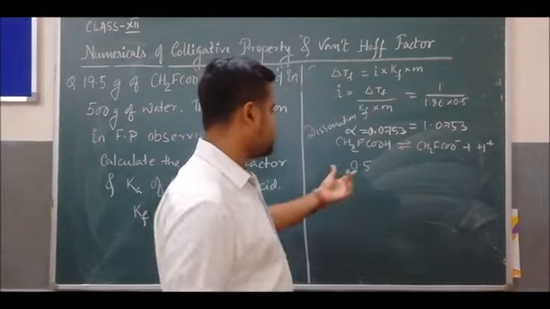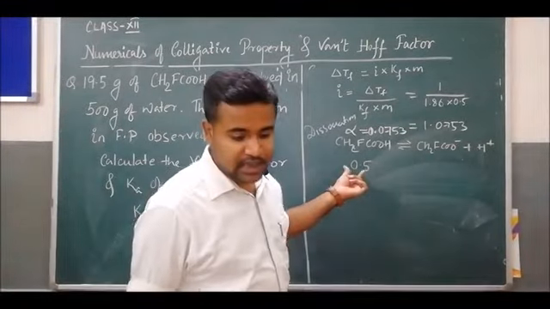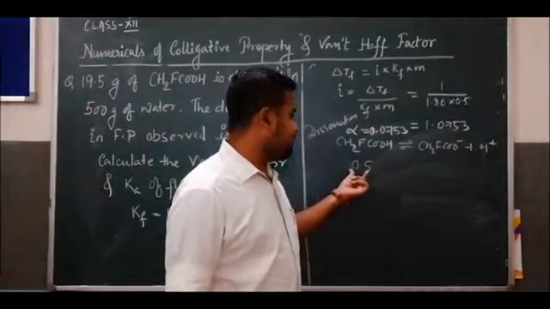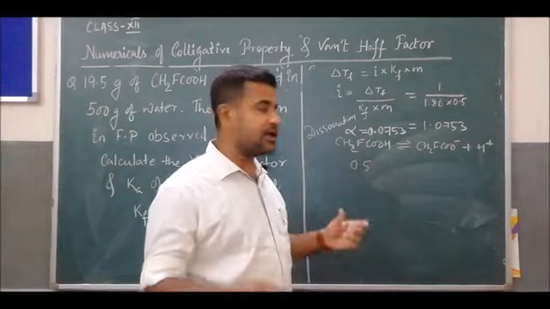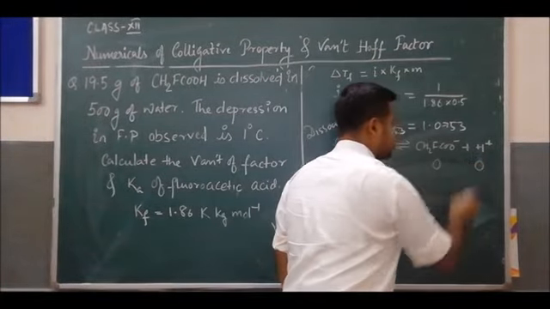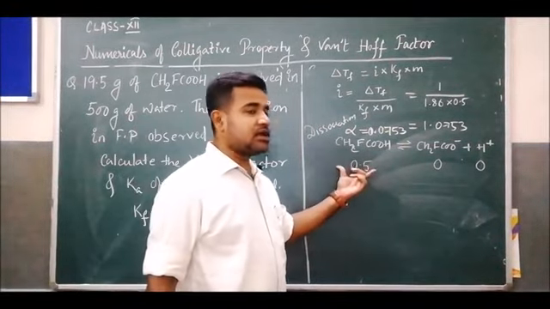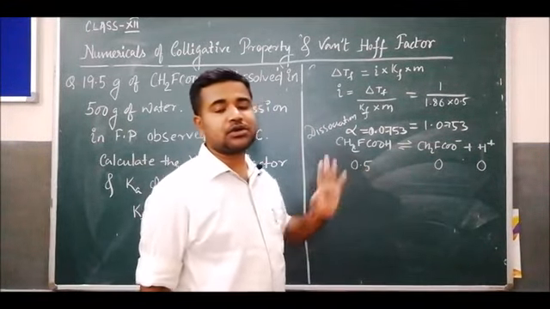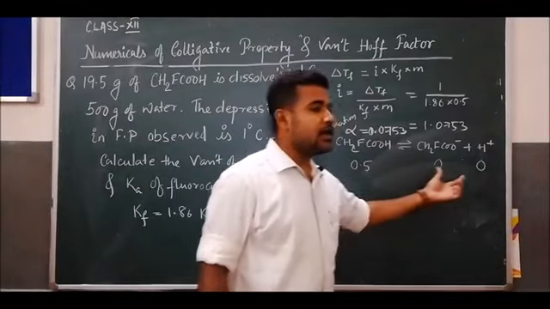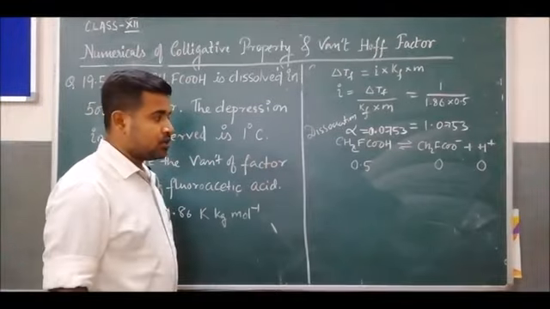So here we are getting the concentration as 0.5. Initially the concentration of fluoroacetic acid is 0.5, and when the dissociation has not started, the others are 0 and 0. Clear?